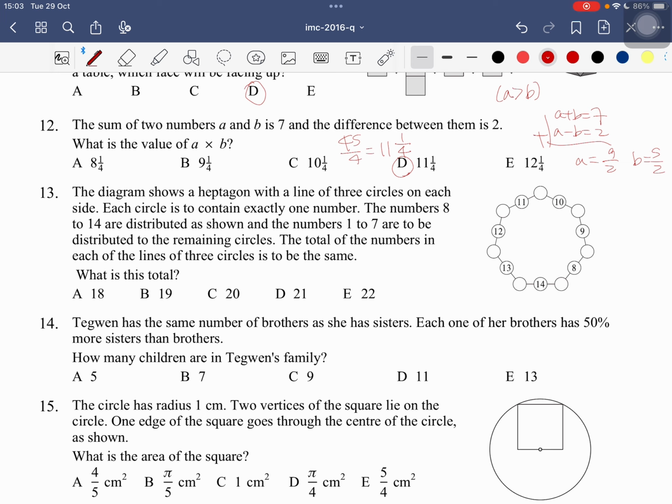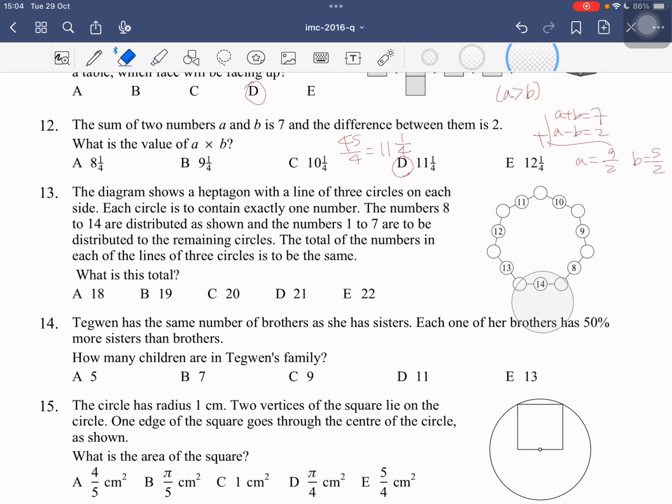So for example, if we put any number here, it will be used to add here and here. So it will be calculated twice, while those numbers are just used once.